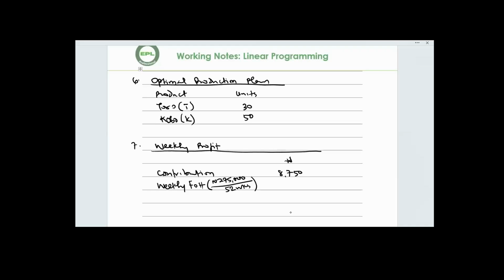This will give us 275,000 divided by 52, that's 5,288. So you find the difference. This will give us 8,750 minus 5,288, that's 3,462. Okay, so that's the weekly profits.